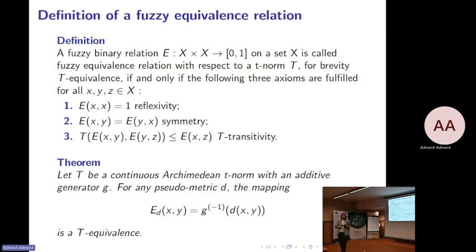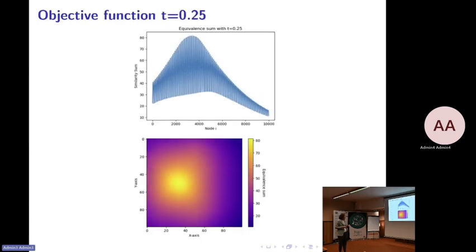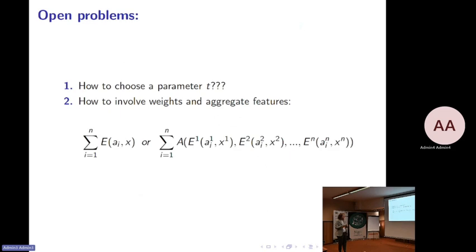What is good in this construction is that we do not care about transitivity. We just use all this well-known additive generator and generate millions of different equivalence relations. But there is one but. I didn't have the time to speak about that.